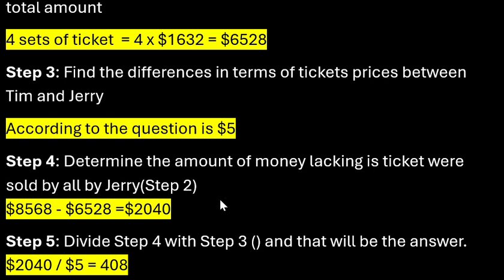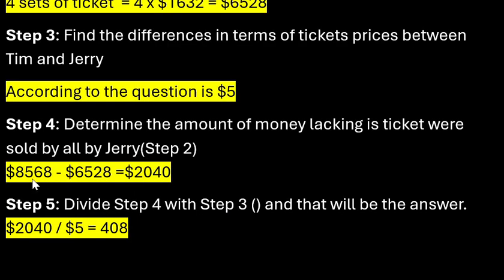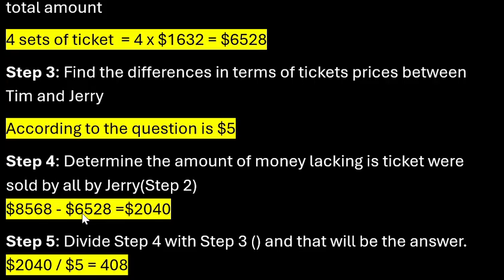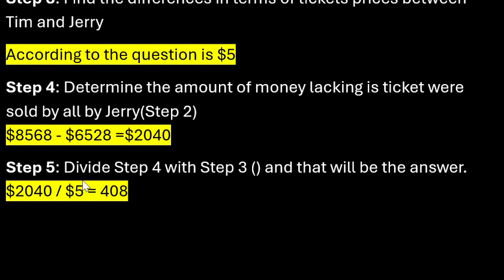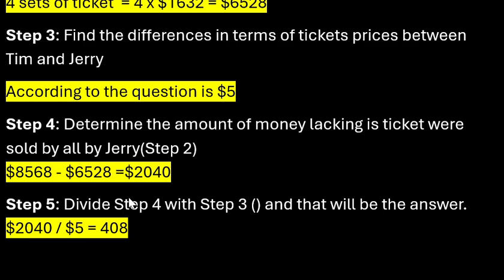The total amount sold was 8568, but if all were sold by Jerry it was only 6528. So there is a difference of 2040. This 2040 must have come from the extra $5, so I take 2040 divided by 5, and it becomes 408 tickets sold by Tim.